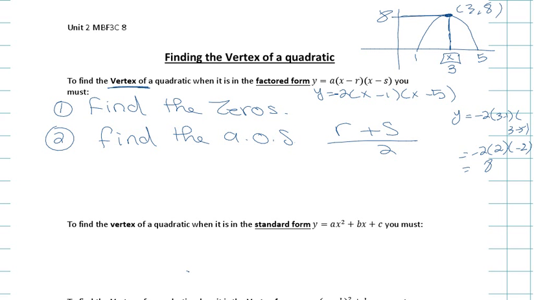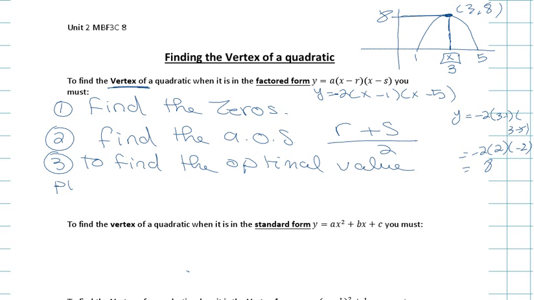It is, right? So to find the optimal value, plug the axis of symmetry in for x and solve for y.